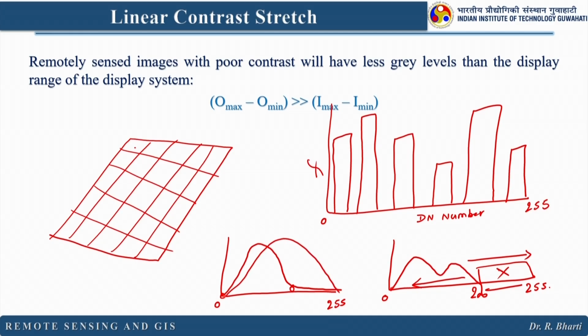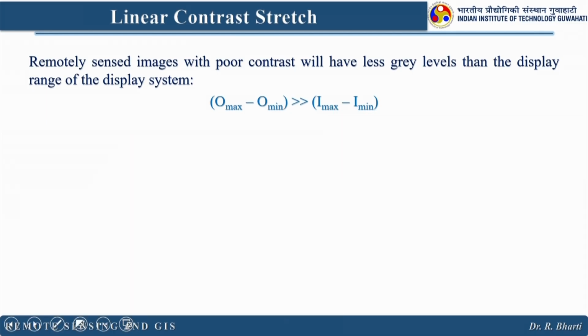Then it will utilize the full available range of the display system. If you see here, O max minus O min is greater than I max minus I min, where I is the input image and O is the output image. If this is the condition, the output image will have a greater range.